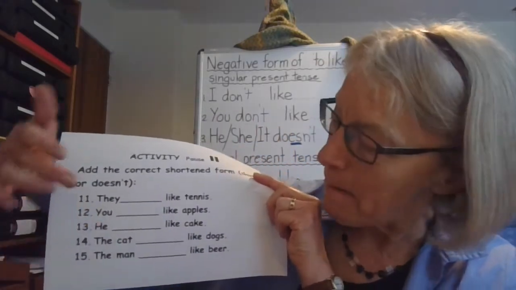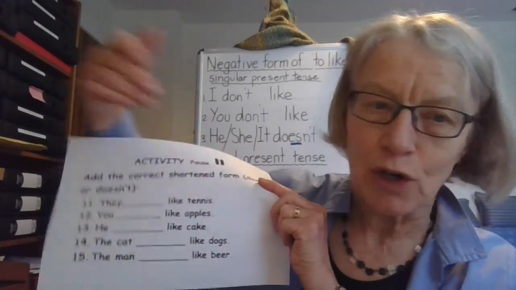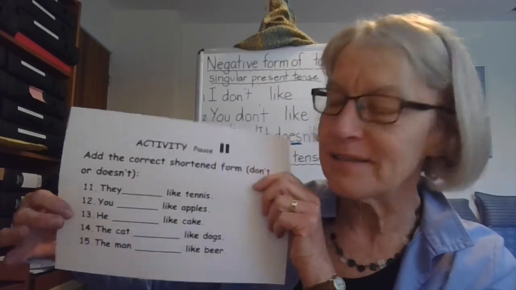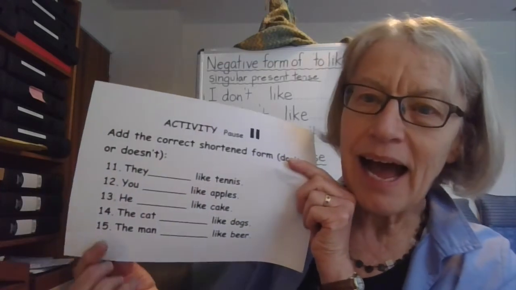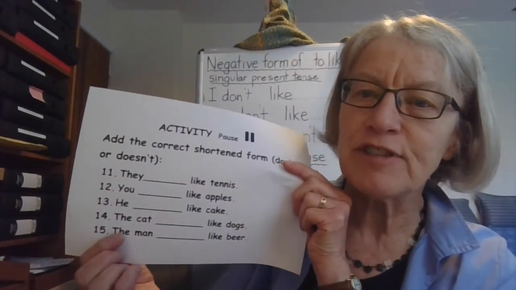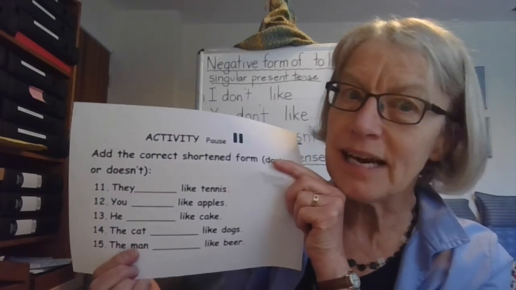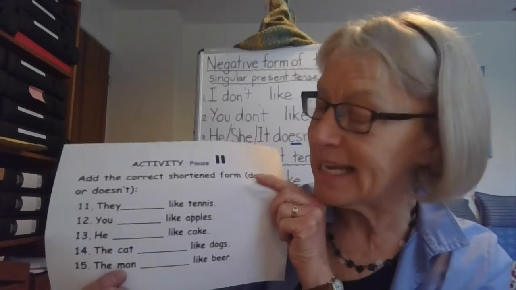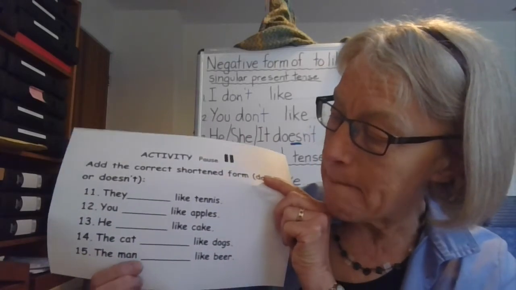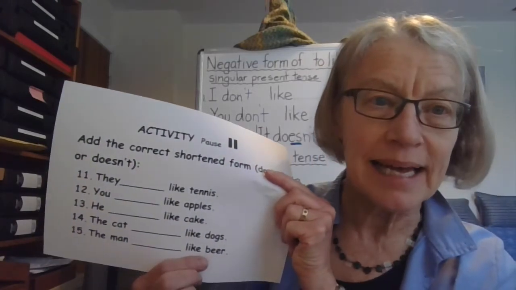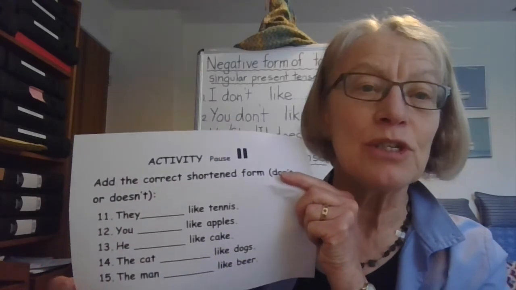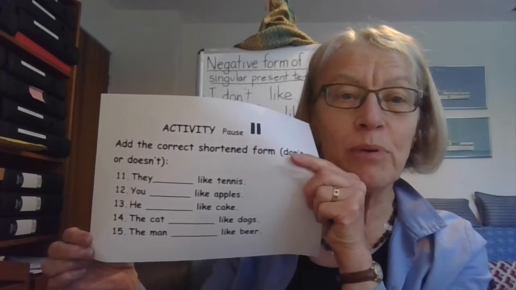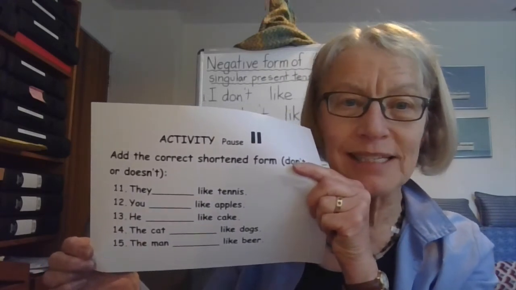The cat like dogs. Is it don't or doesn't? And number 15, the man. Instead of the man, we could say he, third person singular. The man like beer. Is it don't or doesn't? Pause while you put your answers down on your sheet.